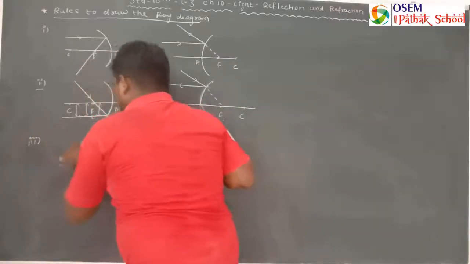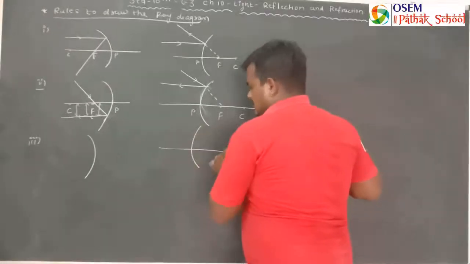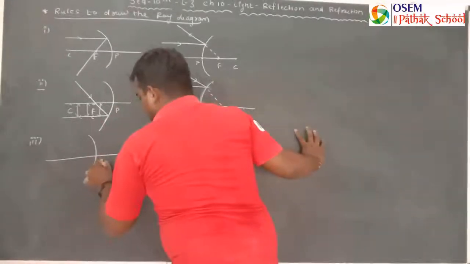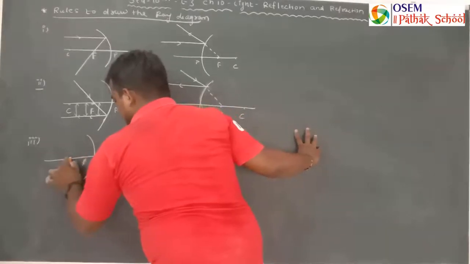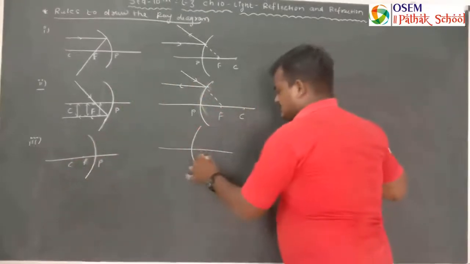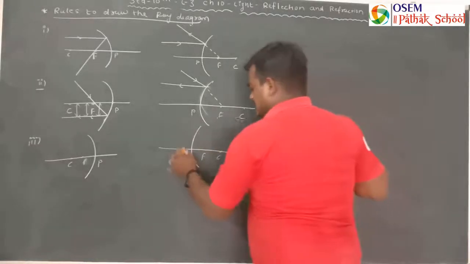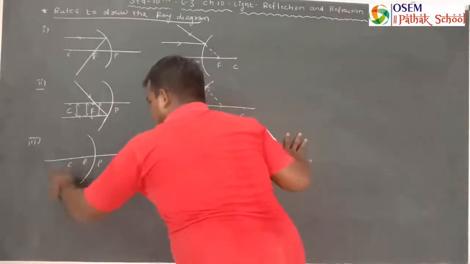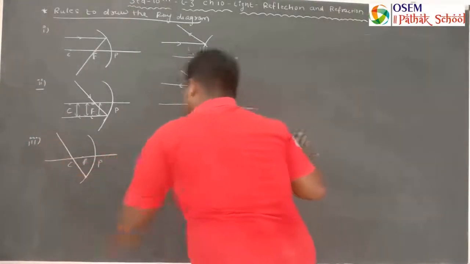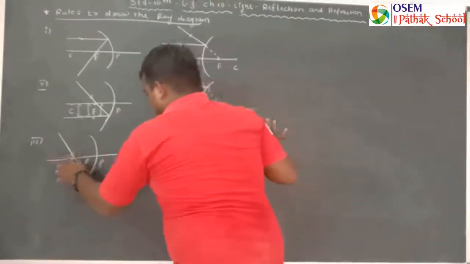Third rule says that this is a concave mirror, this is a convex mirror. Again the same: P, F, and this is C, and this here is P, F, and C. So the third rule says that a light ray passing through the center of curvature never deviates, but it reflects in the same direction.